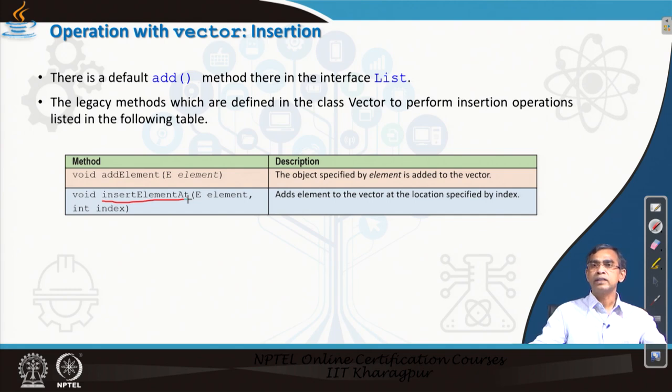It will not be an error, because it will automatically grow to accommodate the element at that location, although the intermediate locations remain vacant because you are jumping to a location without filling the elements. These are the two methods for inserting elements into the vector, in addition to the primitive method add, which is always there to add any object into a collection.